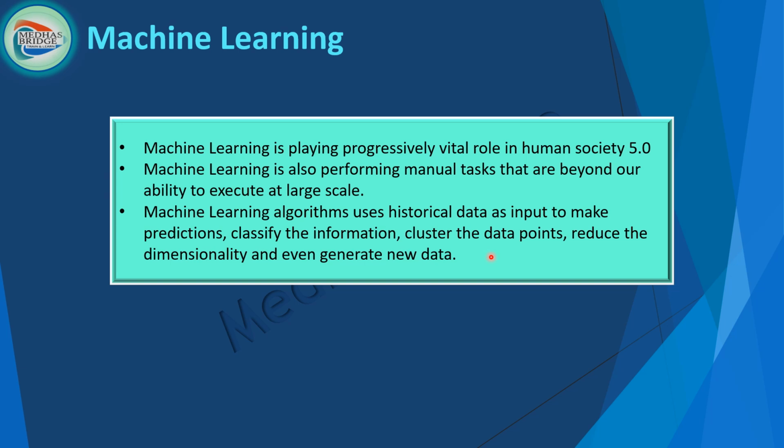When I say generate new data, what I want to refer to here is GenAI. I'm sure you are hearing this most frequently in your day-to-day life. One best example is ChatGPT, which uses GenAI functionality inside.